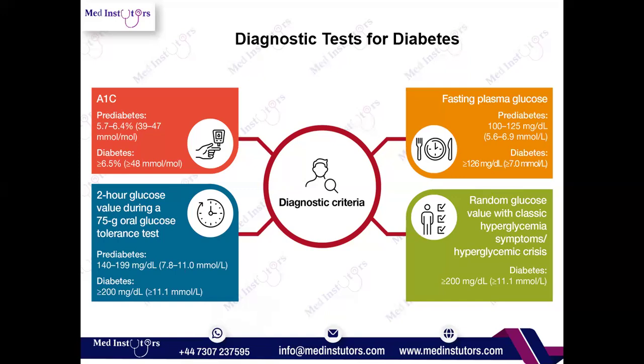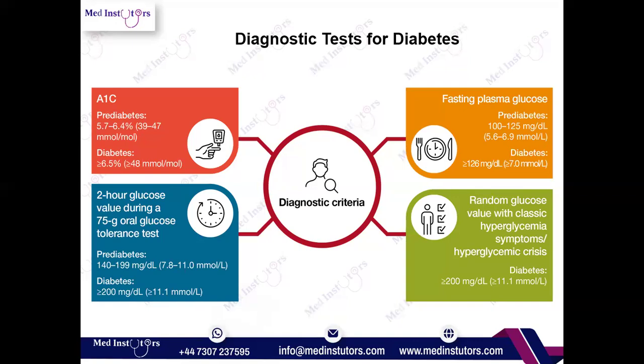If you check the fasting plasma glucose in a patient with suspected diabetes, and it is more than or equal to 126 milligram per deciliter, or more than or equal to 7.0 millimole per liter, we will take it as a diagnosis of diabetes mellitus.